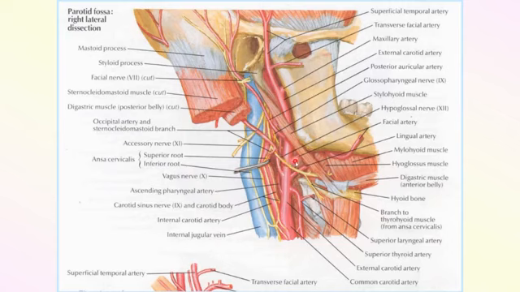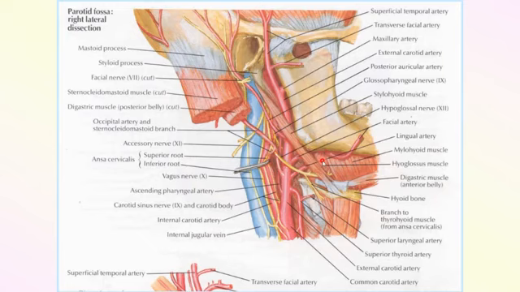So it's going to be superficial and lateral to that lingual artery. It'll also pass deep to the hyoglossus muscle, which we talked about when we talked about the tongue. You can see that right here, and make its way to supply the tongue. So as it enters the oral cavity to get to the tongue, it'll pass deep to the hyoglossus muscle and then supply the tongue.